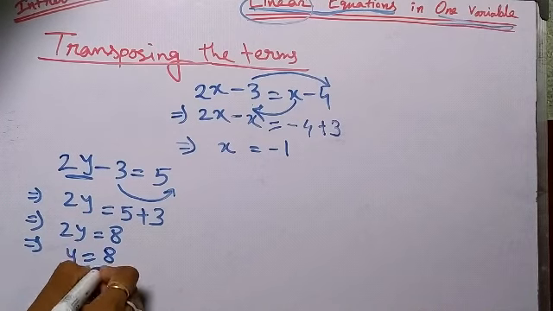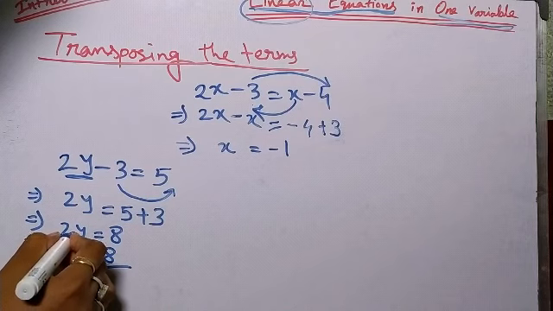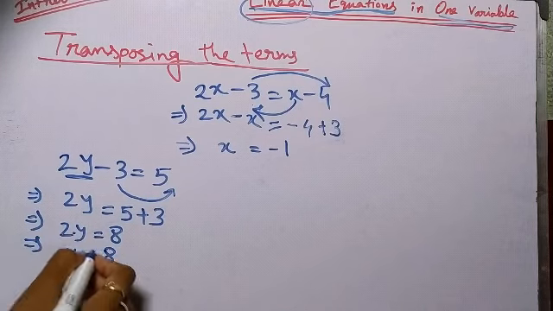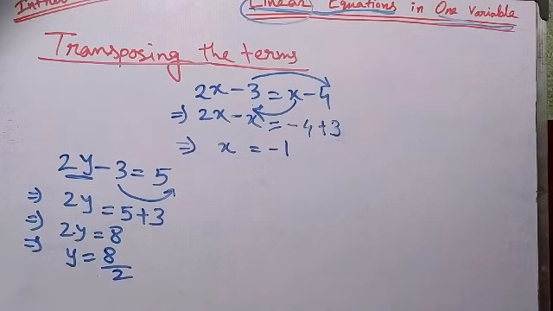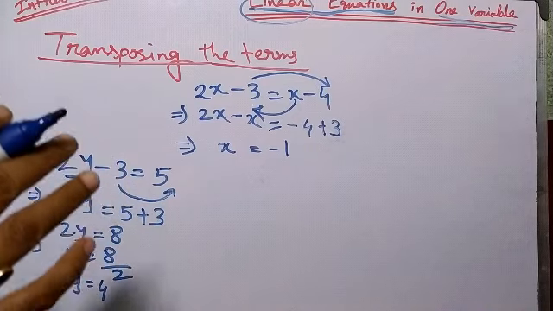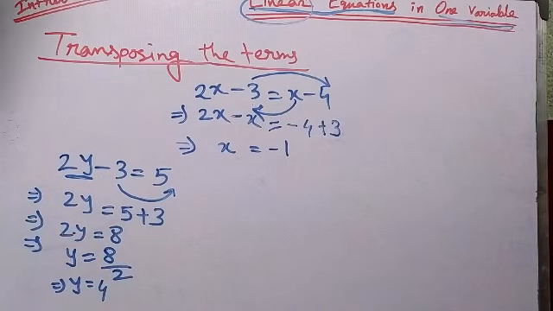That means this is a multiplication sign here in the middle of 2 and y, then it will be divided. That means this will be 4, y equal to 4. So that's all. This is the finished introduction part. In the next class I will discuss the sums of the linear equation chapters.